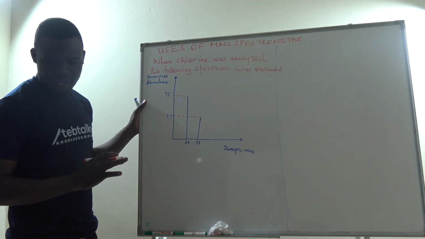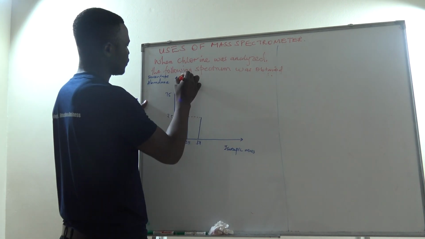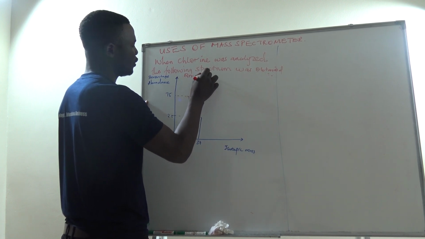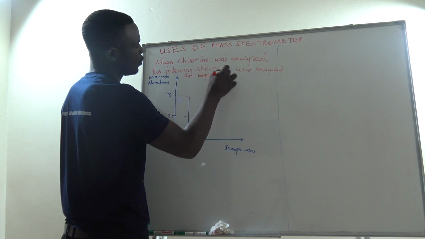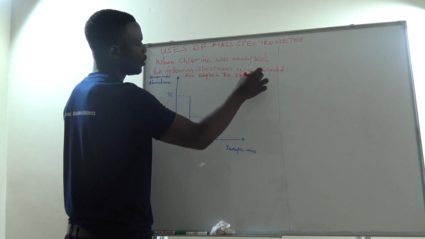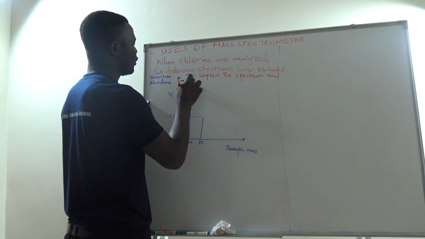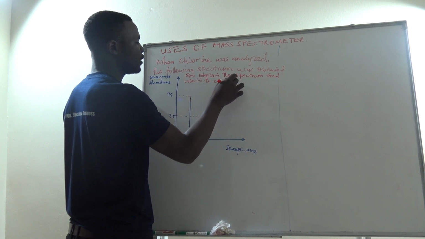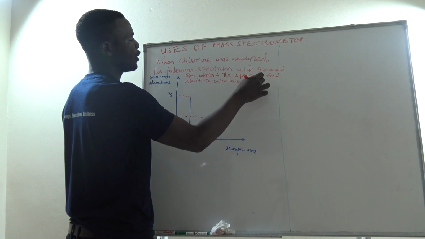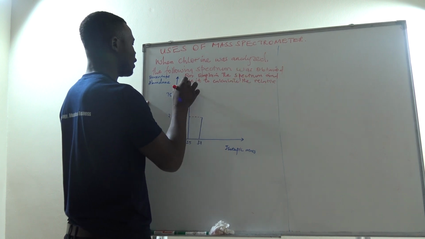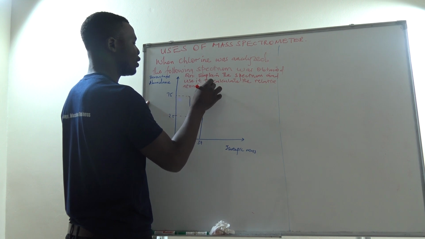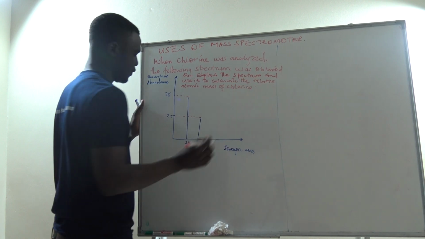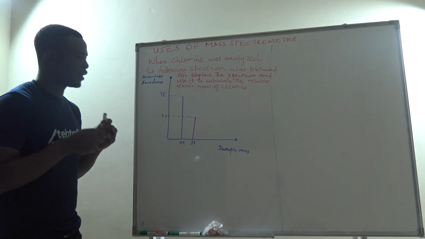The question was, explain the spectrum and use it to calculate the relative atomic mass of chlorine. So, let us be careful now.